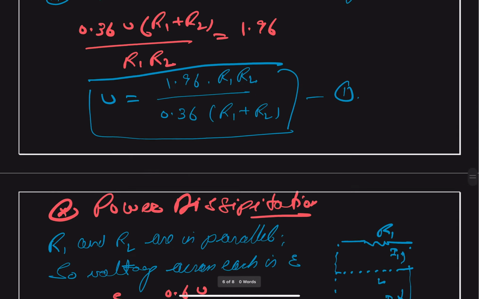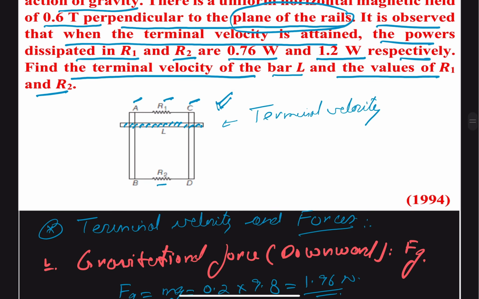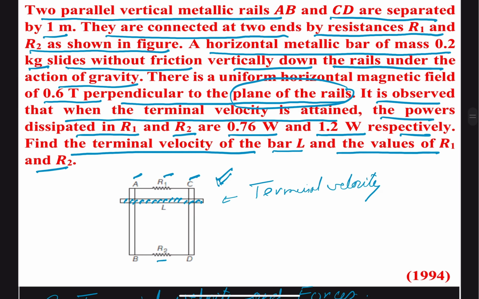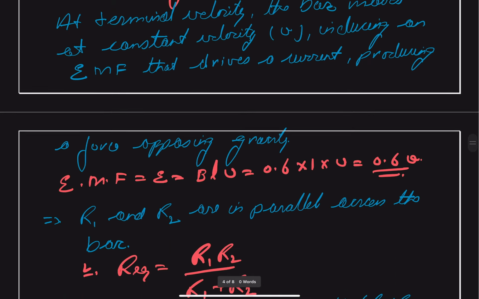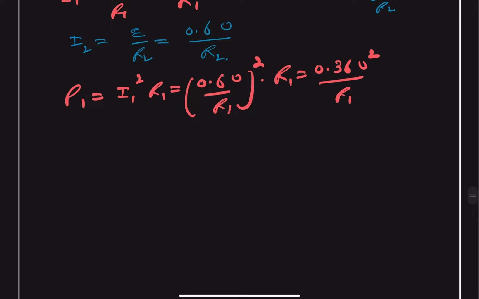The power dissipation is given to us. We are given power dissipation is 0.76, so this is equal to 0.76. Let us call this equation number 2.